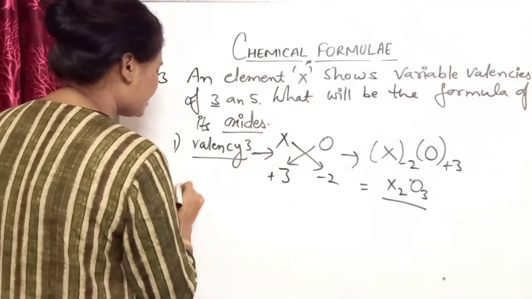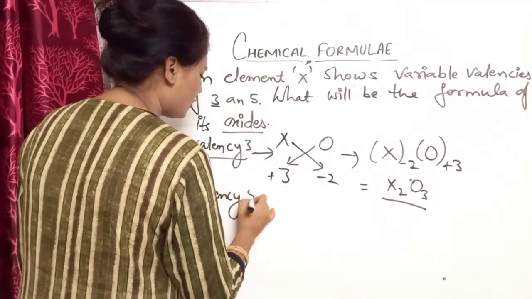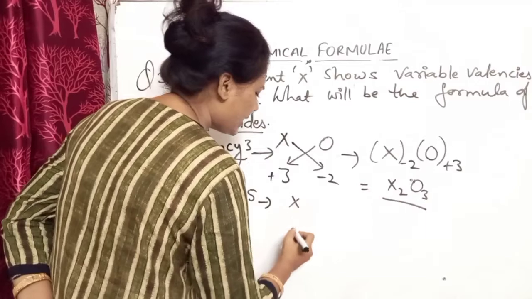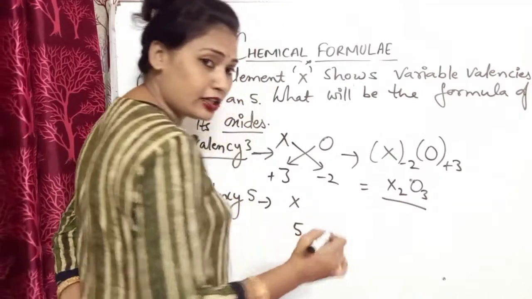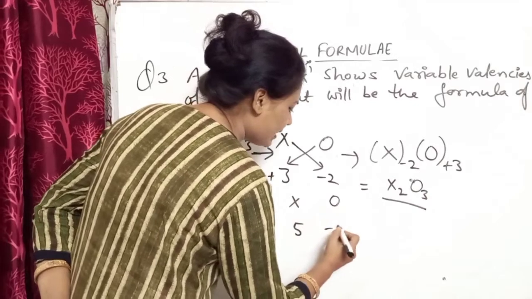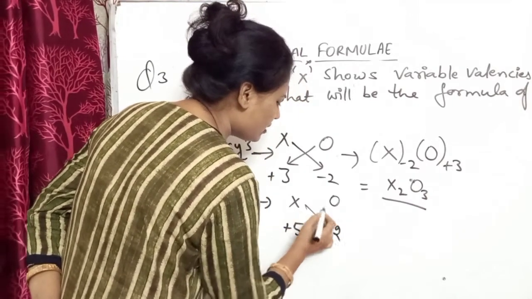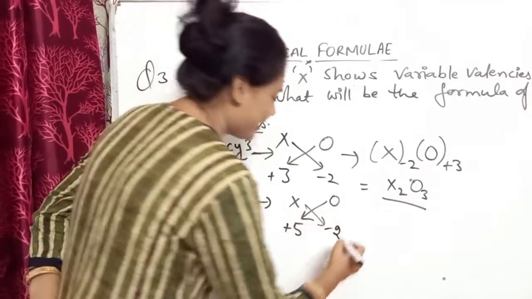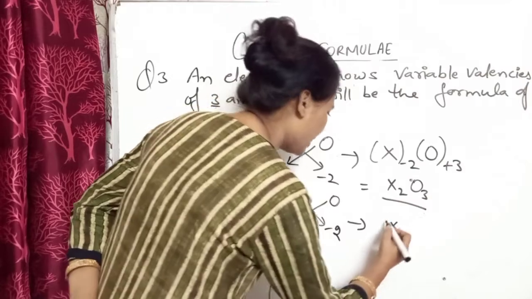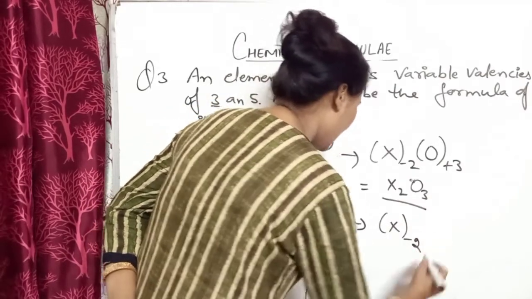Now second case, we will take the valency of element X as 5, and now write the formula. At the bottom of X we will write the valency, and at the bottom of O we will write the valency here also, +5 and -2. Then cross over the valency, and write the symbol of the elements along with the valency as subscript.